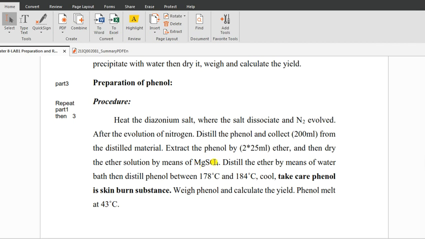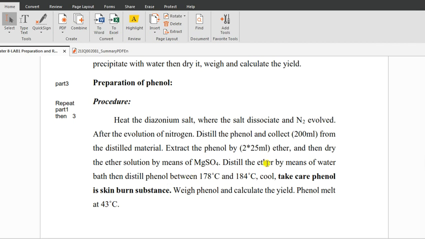And if you need to distill the ether again, because there may be some water, distill the mixture to get distilled phenol.